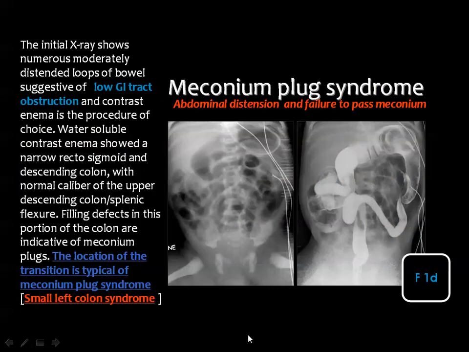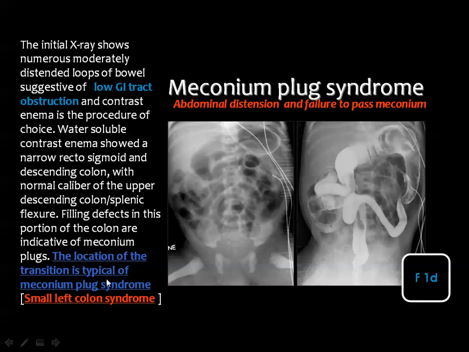If you look here, the plain film showed distension of the bowel by gases. The initial X-ray showed moderately distended small bowel, suggestive of lower GI obstruction, and we then performed this barium enema. This barium enema showed that the sigmoid colon is very small and the proximal colon is relatively dilated.